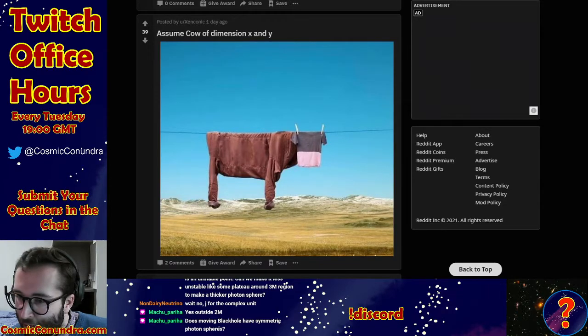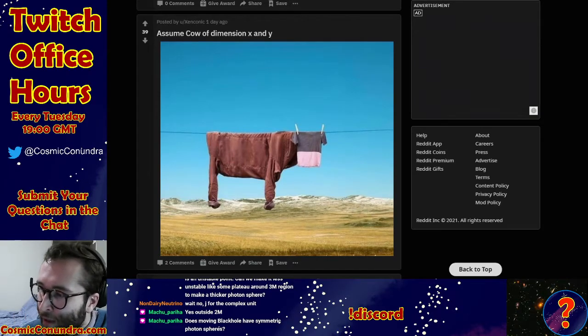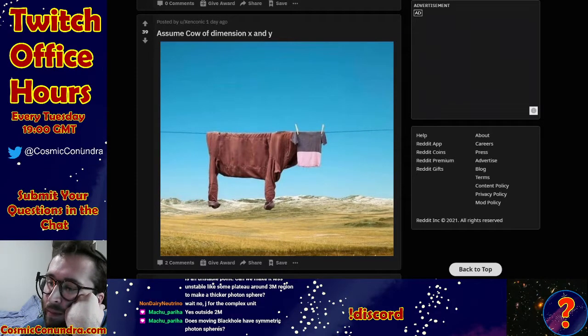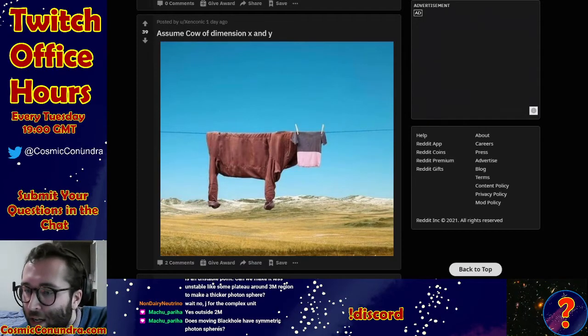Does a moving black hole have symmetric photon spheres? Well, if you take the metric centered on the black hole... no, I'm not sure. I think you can't quite apply an argument about inertial reference frames.